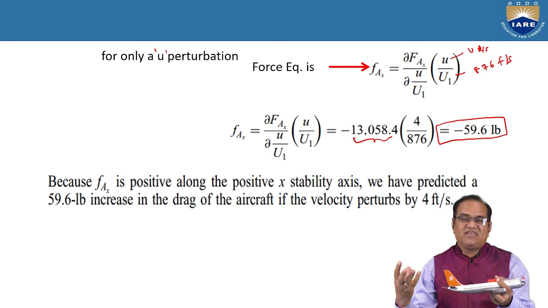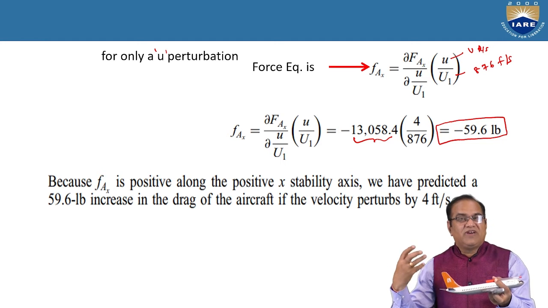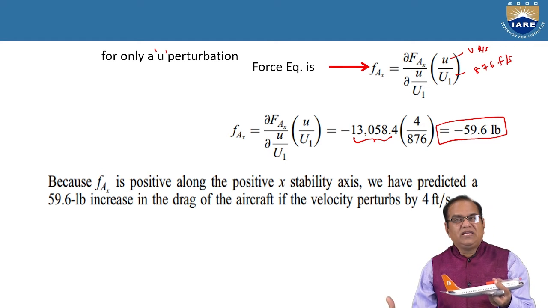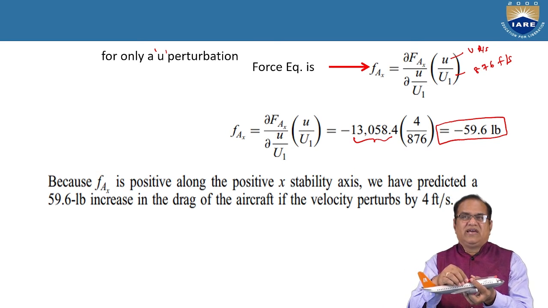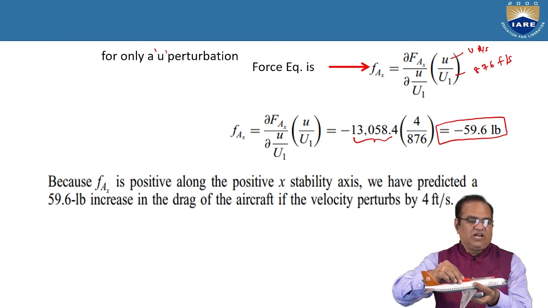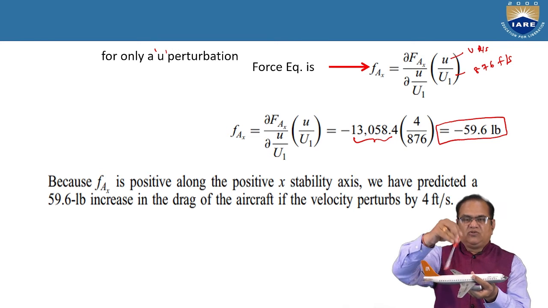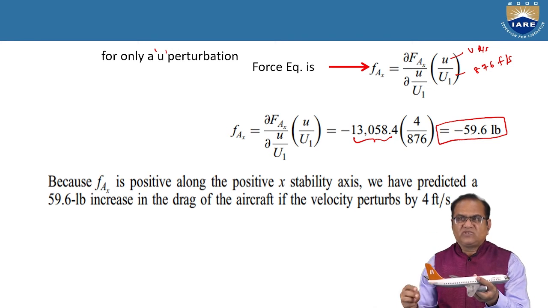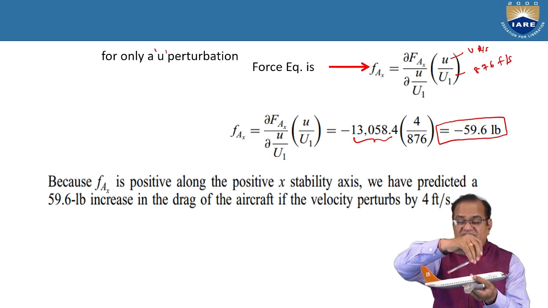The results should be very much illustrated, because Fax is positive along the x direction. We have assumed that towards the nose is positive and this side is negative. So we have predicted a 59.6 pound increase in the drag.